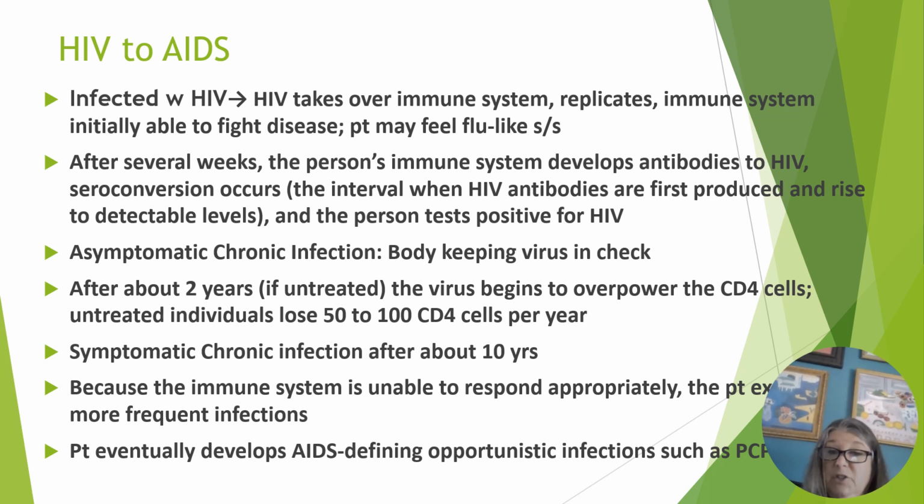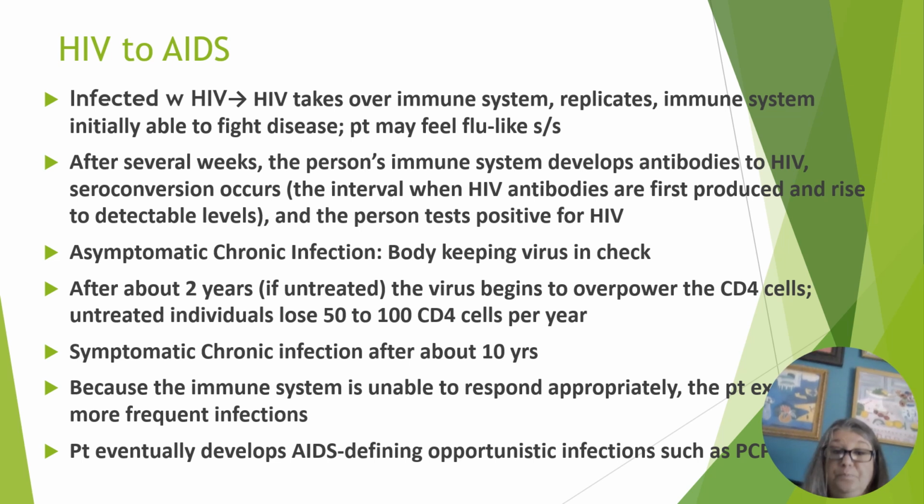Okay, so eventually you have this virus out there floating through the bloodstream, taking over CD4 sites, and each cell that it manages to take over, it is able to reproduce that much more HIV to go out and take over that many more CD4s.